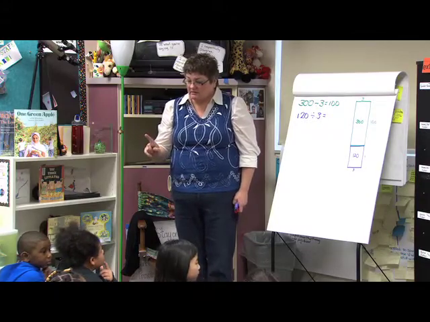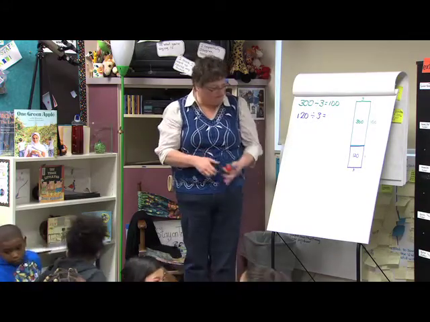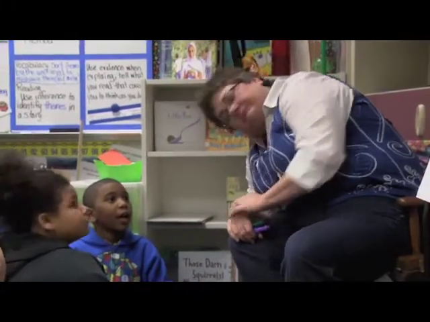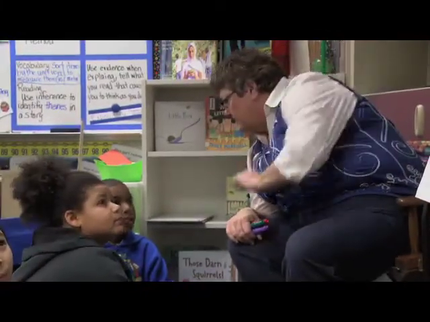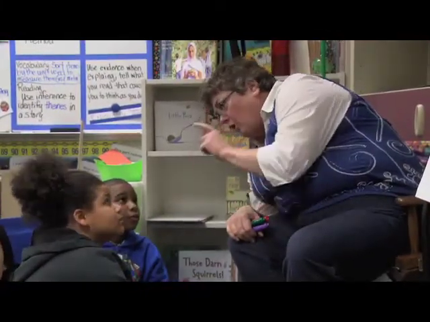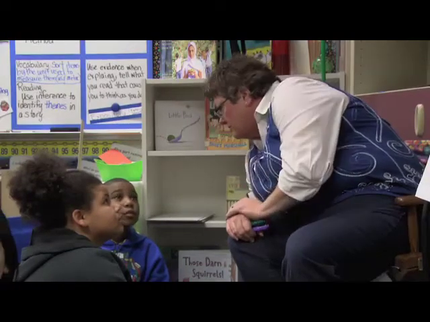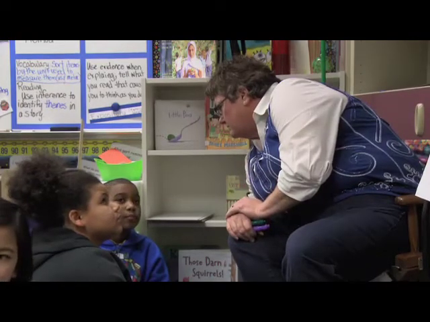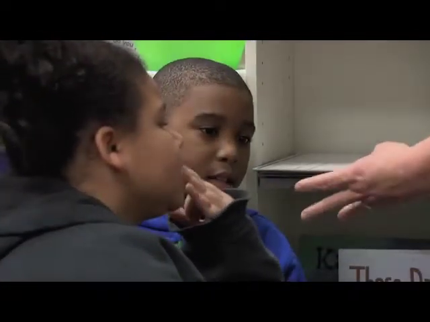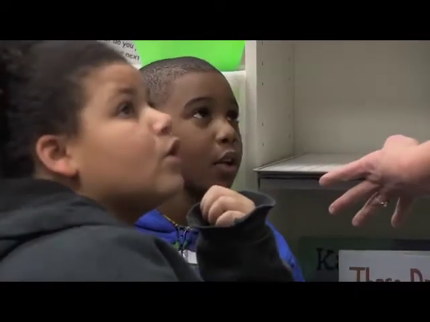Okay, ready? Go. I think that 3 times 20. Well, do you remember what we did with the zeros? If I cover up the 0 on that 120, what is it? What times 3 equals 12? Let's count by 3s. 3, 6, 9, 12. 4.